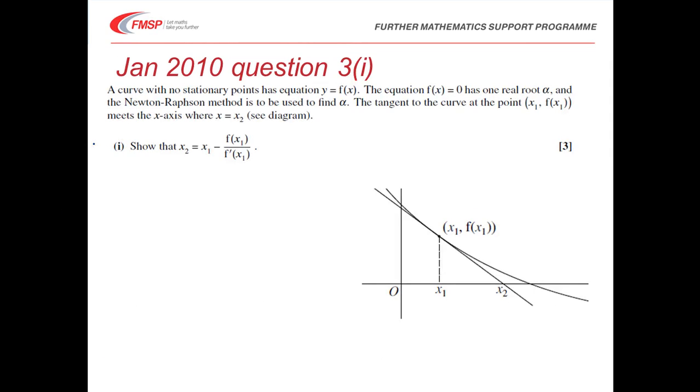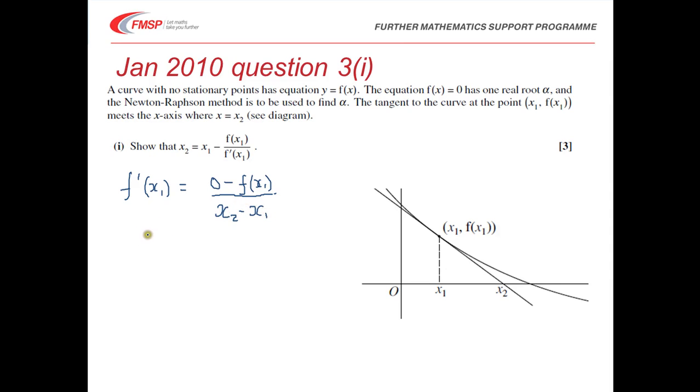It is bookwork really, to establish the Newton-Raphson formula. So we're going to use this triangle to get an expression for the gradient of f of x at x1. So the derivative of f at x1 will be the difference in the y coordinates, which is f of x1, over the difference in the x coordinates, which will be x2 minus x1.